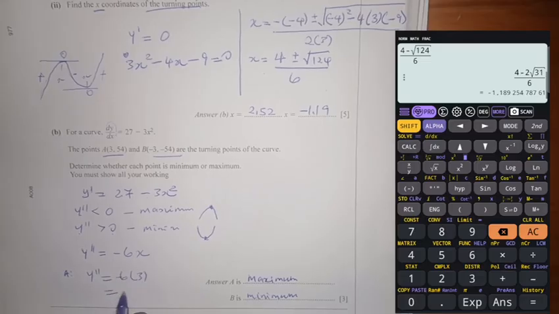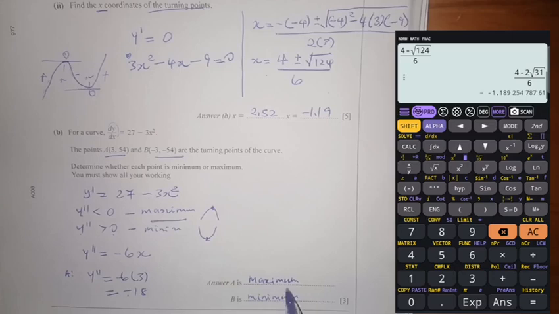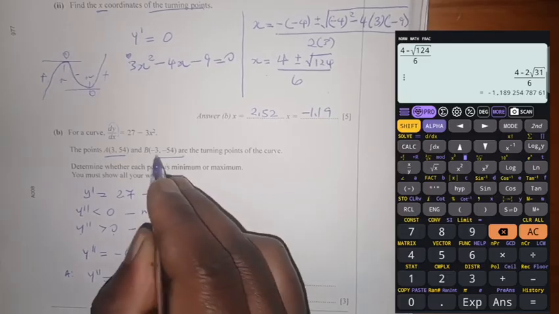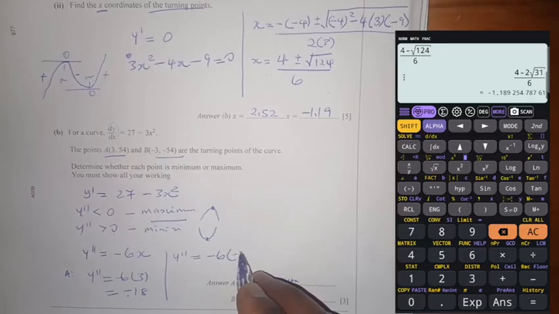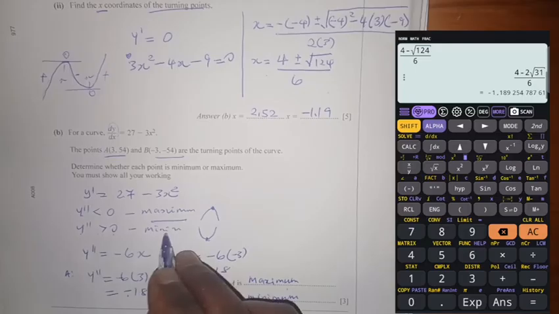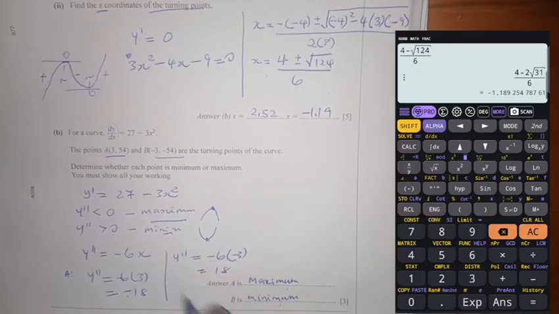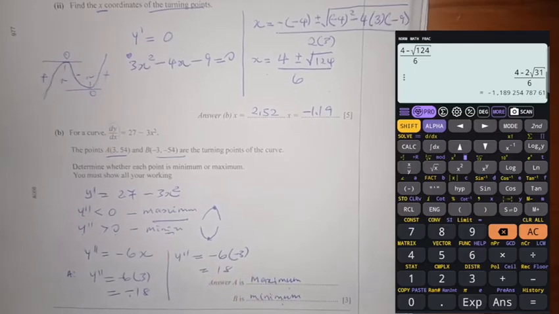So the answer here is negative 18. Since this one is negative, the point is a maximum. Similarly, second derivative equals negative 6 times, now at B, it's negative 3. So this one is positive. Since this is positive, that point is a minimum. Make sure that working is clearly shown. Next question.